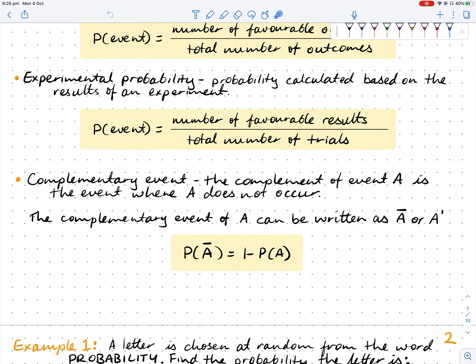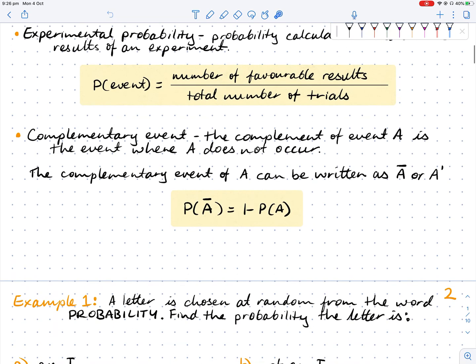Now, if we're looking at writing this notation, often to write the complementary event, we might write it as A with a line on top, okay? So that's a notation that we use for complement, sometimes with the dash, okay? Or sometimes we might have a little c, okay? Little c to mean complement. Now, if we have a look at the probability of something happening and the probability that it doesn't happen, if we add up those probabilities, we should end up with 1, okay?